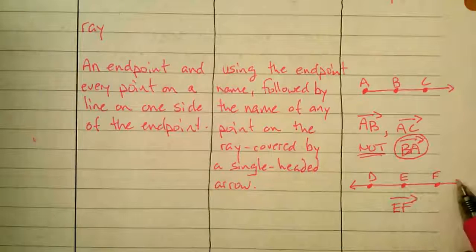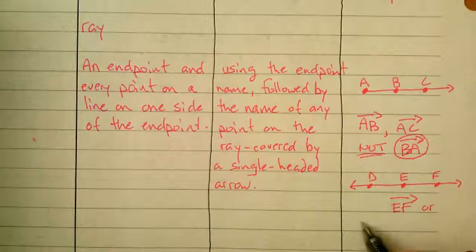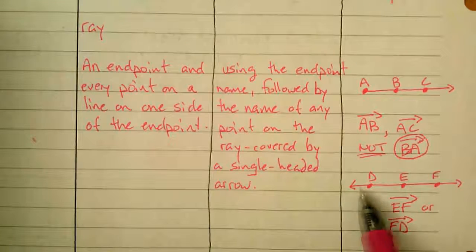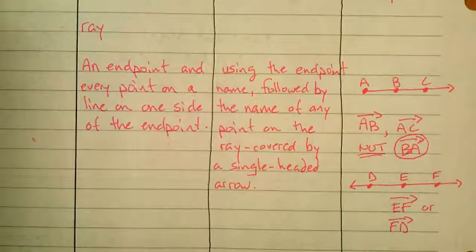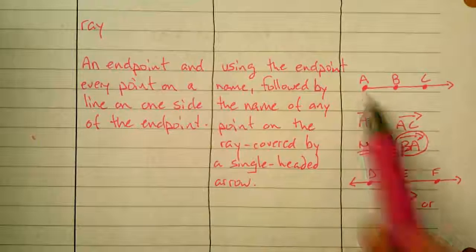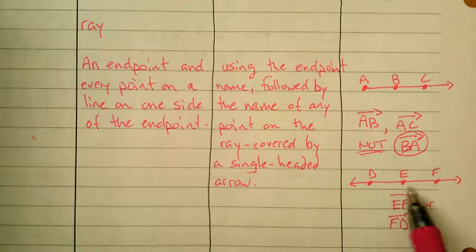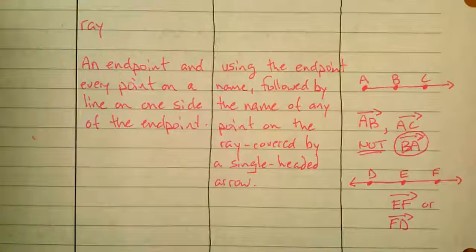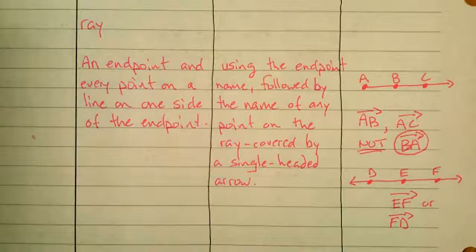Starts at E, or maybe ray FD, starting at F and going to D and on. Right. So just because the diagram doesn't end right at F or end right at E doesn't mean that there isn't a ray there. You could talk about that ray. Alright. Let's take a look here. Next up.